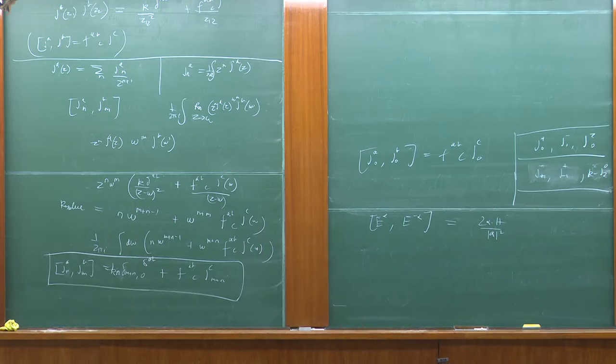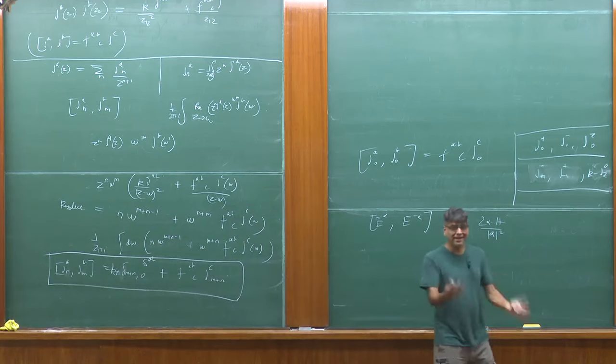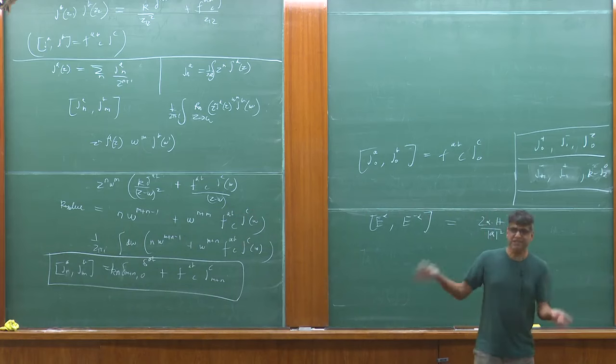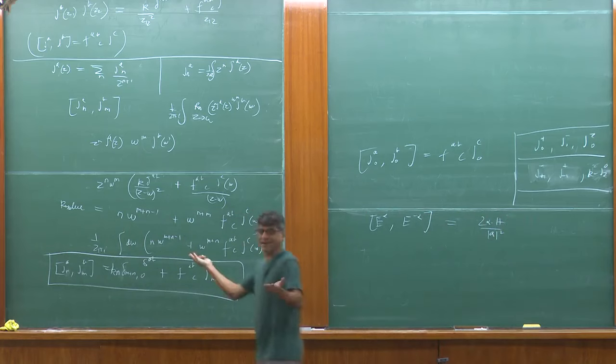Okay, this formula we're now really very familiar with. Now each of these objects is promoted to a current algebra. H is promoted to a current, E alpha is promoted to a current, E minus alpha is promoted to a current.